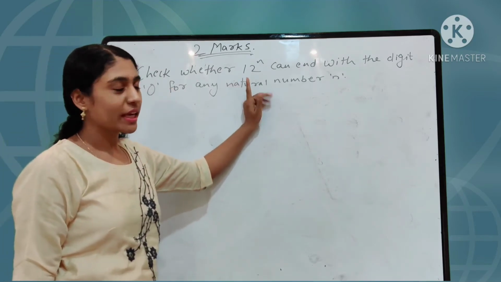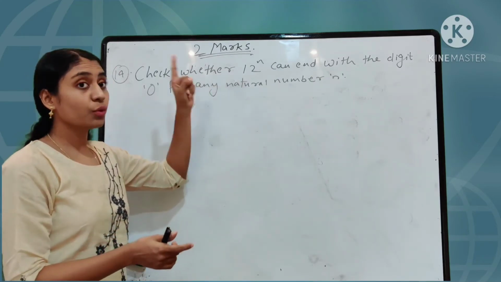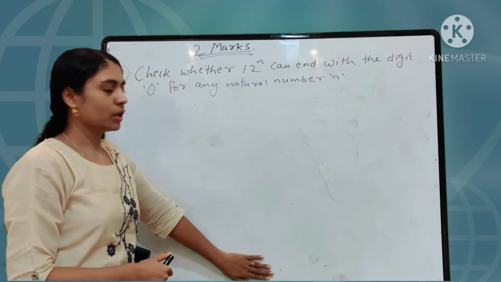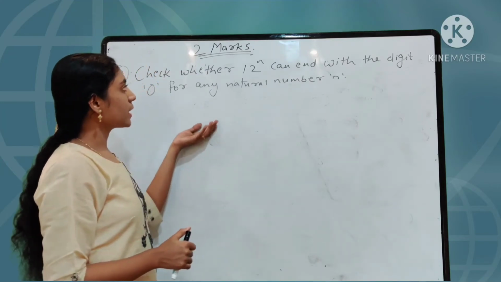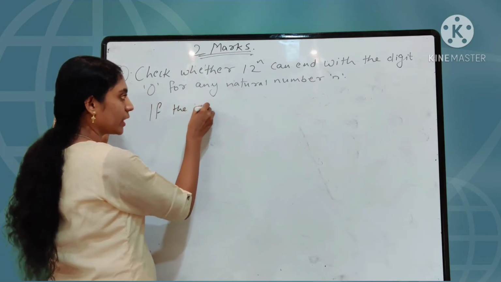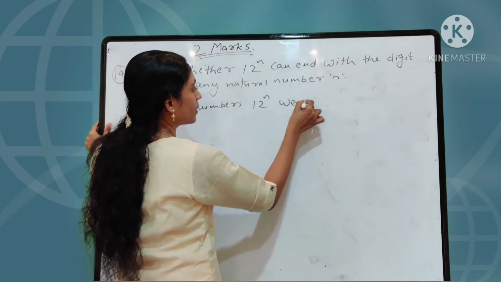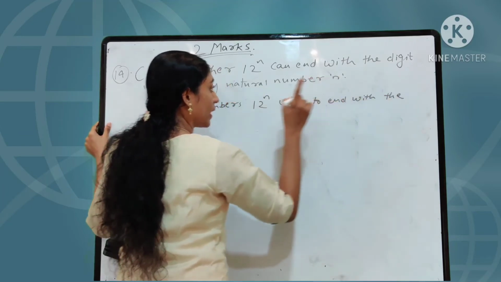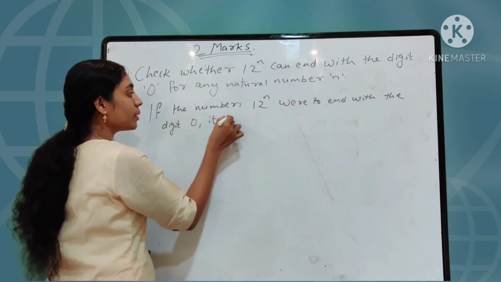Going to the next question. Check whether 12 raised to n can end with the digit 0 for any natural number n. We did questions related to 4 raised to n and 6 raised to n. Here the question is 12 raised to n, asked in the board exam. So similar to those two questions. See here, if the number 12 raised to n were to end with the digit 0, it should be divisible by 5, right?